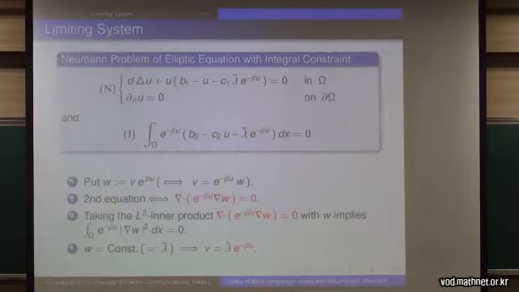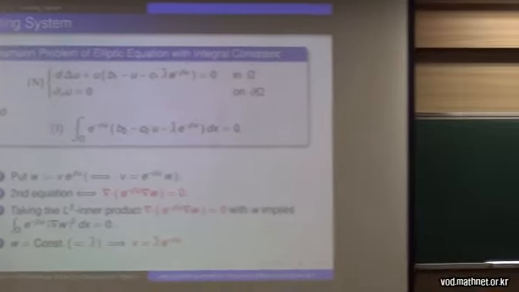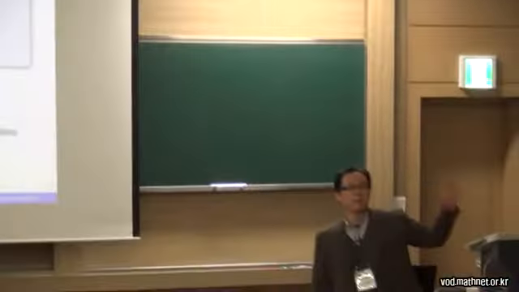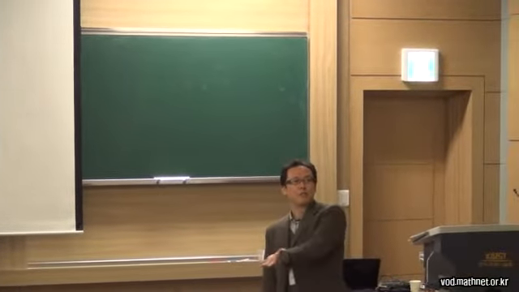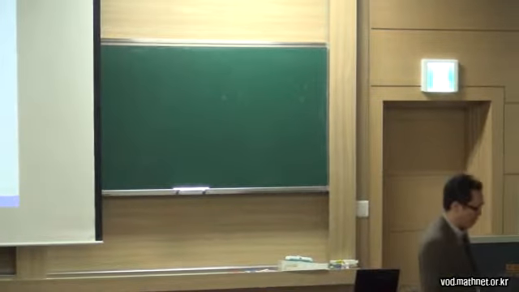In this problem, the unknown function is u only. But the important point is that a new parameter, lambda tilde, appears here and here. Roughly speaking, the other unknown function v is replaced by the new parameter lambda tilde by the limiting procedure. Okay, anyway, this is our limiting system.